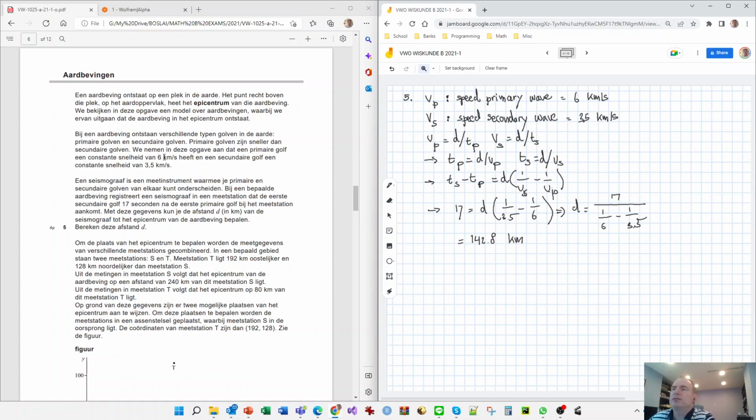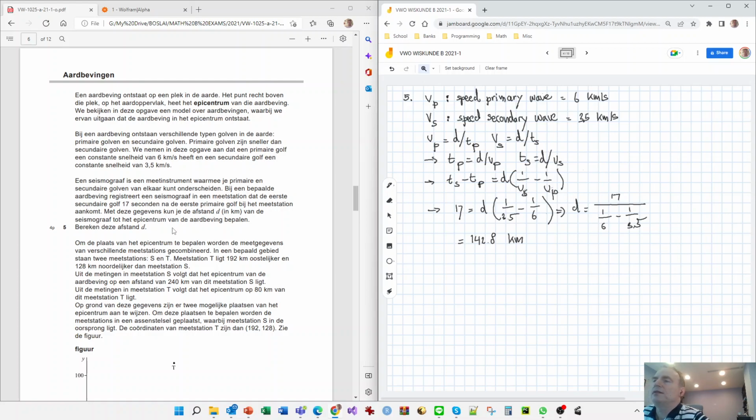They also give the speeds of these, and they say that a certain station measures a difference of 17 seconds between the primary wave and the secondary wave. Of course, the primary wave arriving earlier. And with that information, you can calculate the distance d.